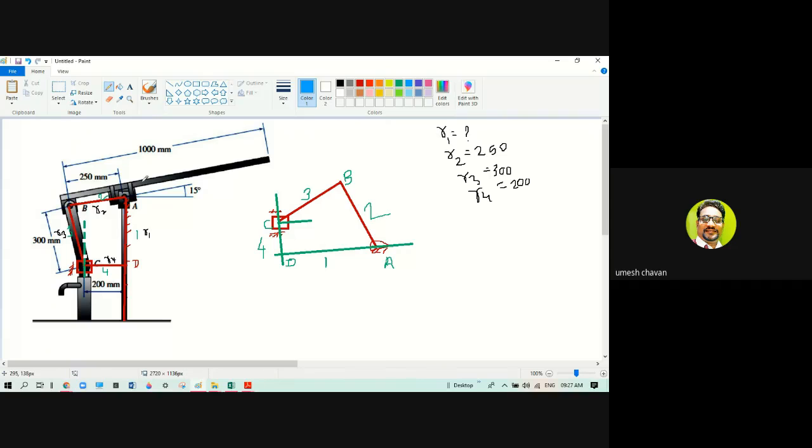This is like a rhombus, a polygon of four sides, so each side is to be represented as a vector. For that you need to show the arrows.